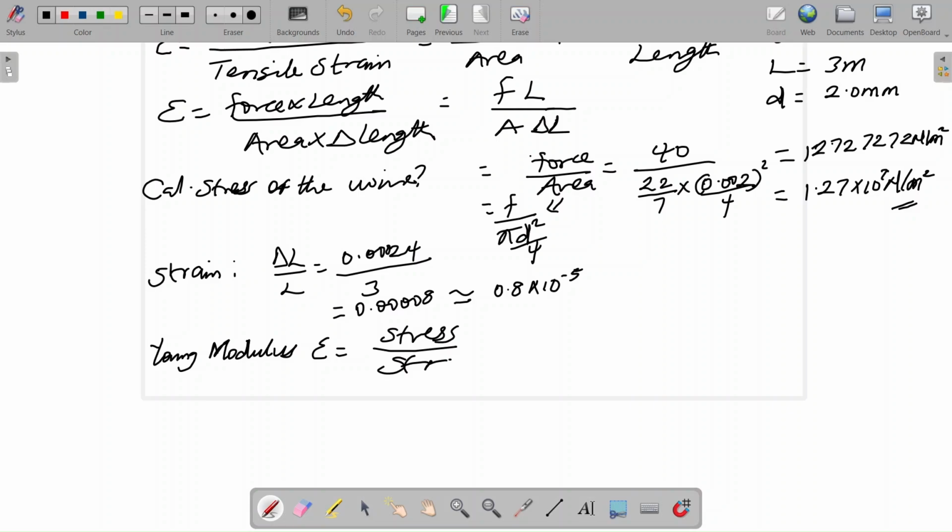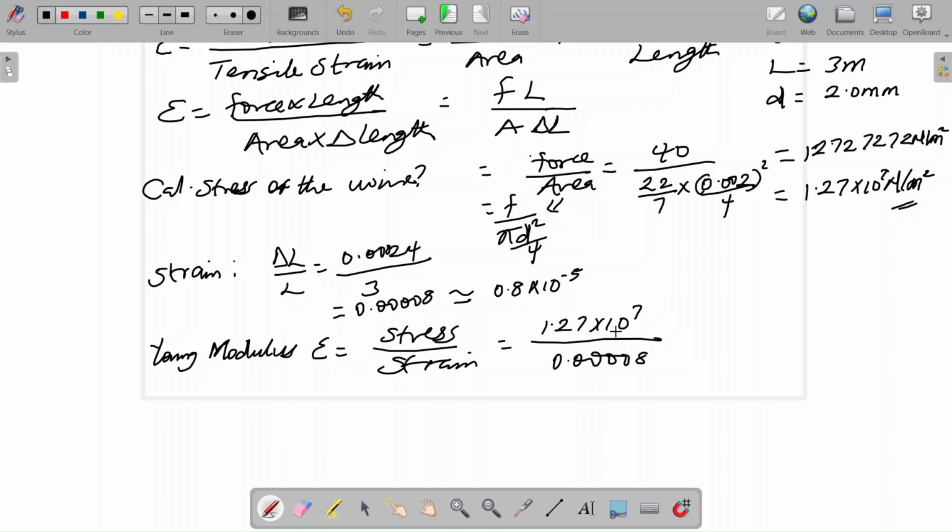We have the formula already from the beginning, which is 1.27 times 10 raised to power 7 divided by 0.00008.